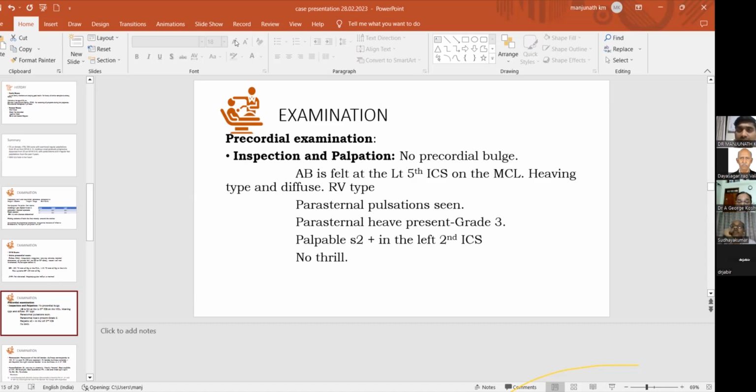I mean, the disease was not significant at the time of birth, or it was not that significant to produce the bony changes. In the sense, like before the ossification of the costochondral junction, the disease may not be prominent, significant. Might not have produced which chamber dilatations? Right, RV dilatation.